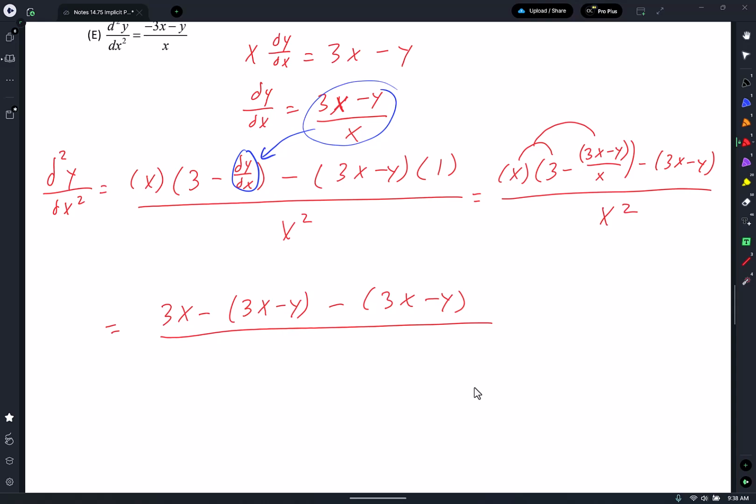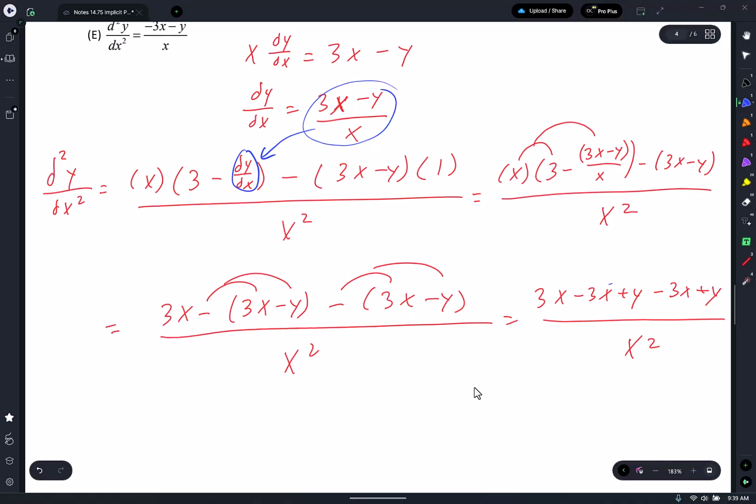So it's just 3x minus, the x is canceled out. Okay, I see. I think we're okay. I think we're about to get the answer. Distribute. 3x minus 3x plus y, minus 3x plus y, over x squared.